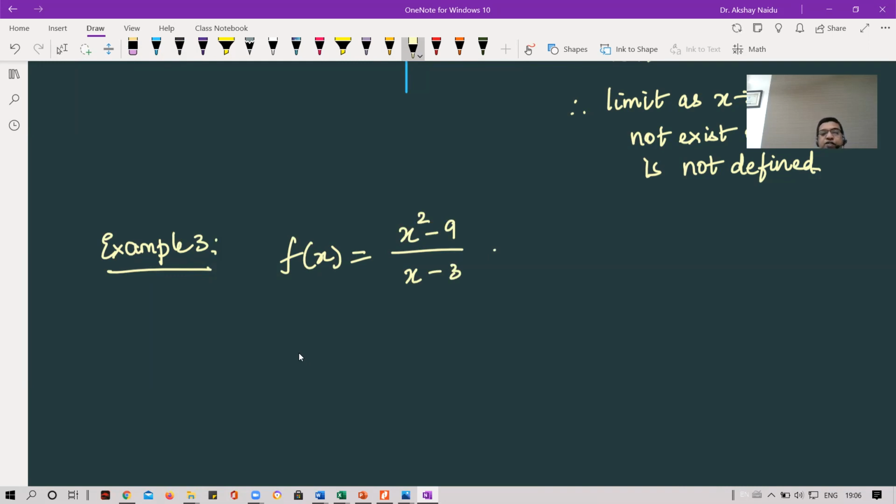What is the domain of definition? Evaluate the limit as x approaches 3, or we say evaluate the limit at x equal to 3.